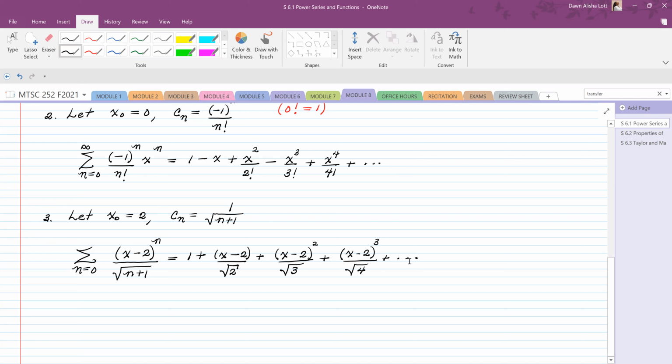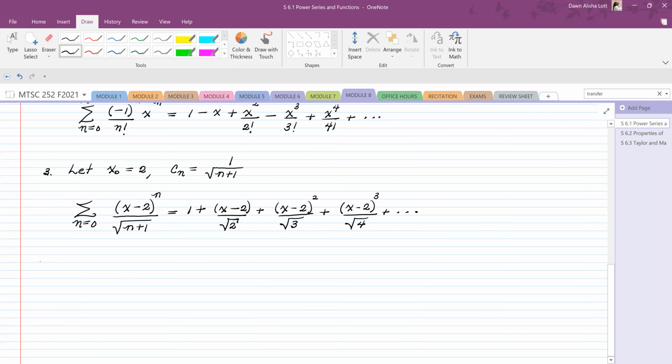So all of these are power series. Now, some power series converge to a number and some diverge.